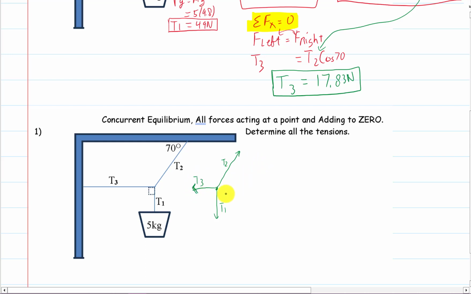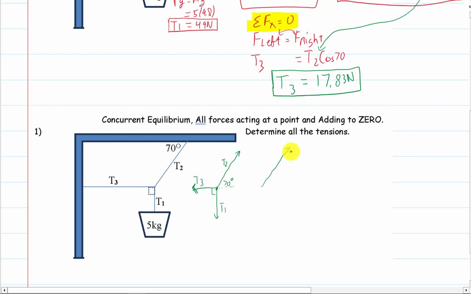Okay, now I'm going to ruin the free body diagram and put in my angles. This angle here is 70. Now I draw my triangle because these add up to 0. Therefore, the vectors all make a triangle, because it has to end up where it begins, because the total is 0.